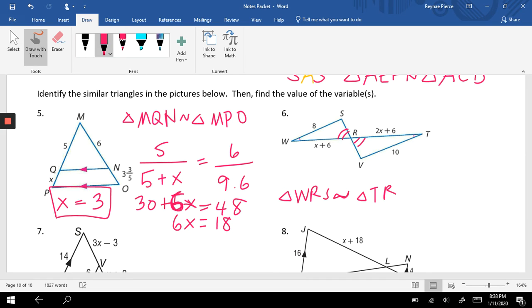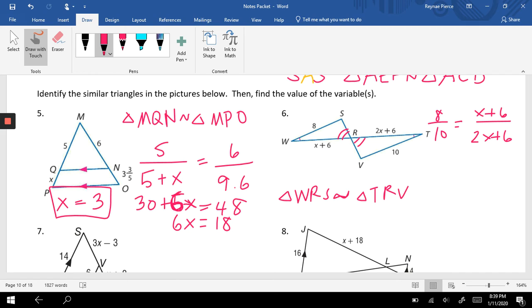And then S and V. So these are similar by angle, just like number 5. Okay, so 8 and 10 correspond to each other, just like x plus 6 and 2x plus 6 correspond to each other. Okay, to solve a proportion, we cross multiply.